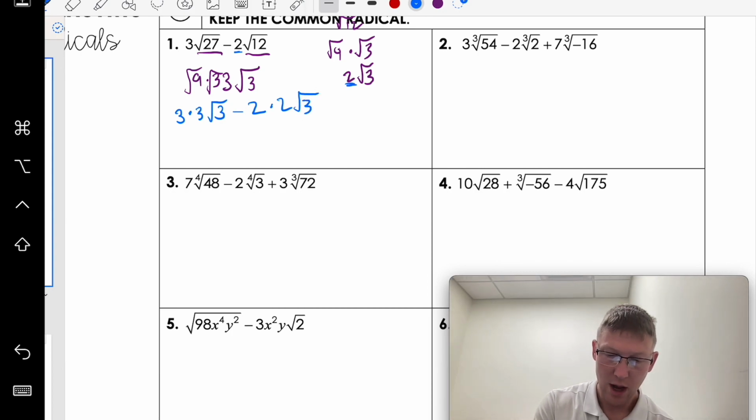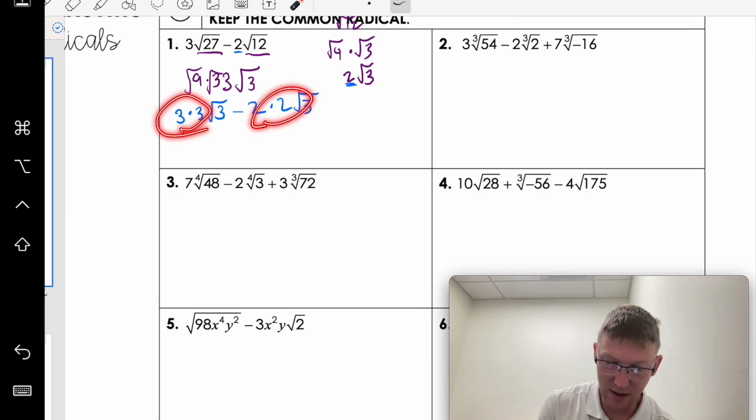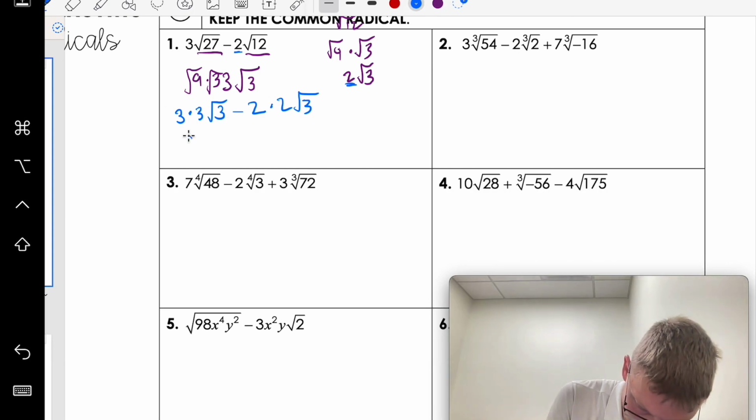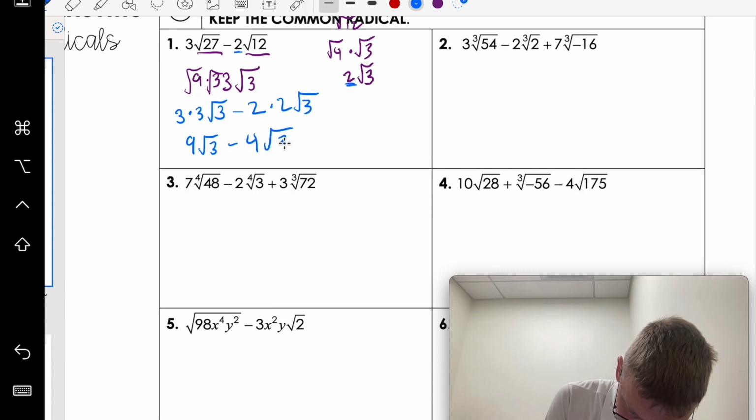I'm going to start with simplifying these things, and then hopefully you notice that these are the same as well, so they're going to get combined later on. So we've got 9 square root of 3 minus 4 square root of 3.